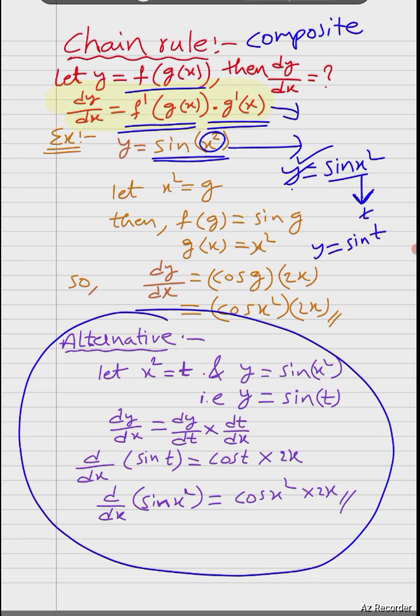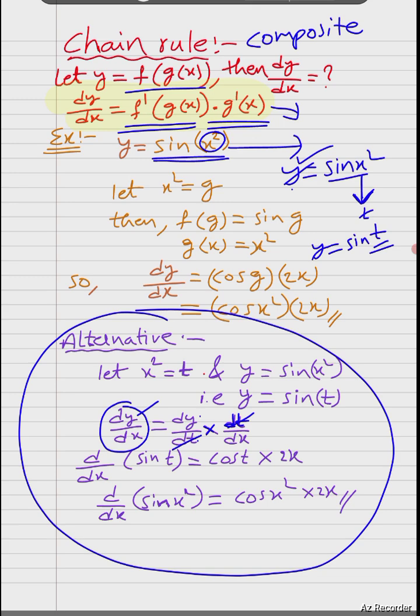Now we have to split this dy by dx into two terms. Since we are dealing with a t here, we have to split this dy by dx into dy by dt into dt by dx. So after dt gets cancelled, again we remain with dy by dx only.